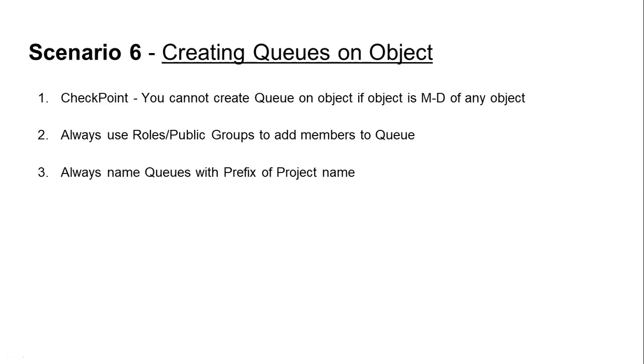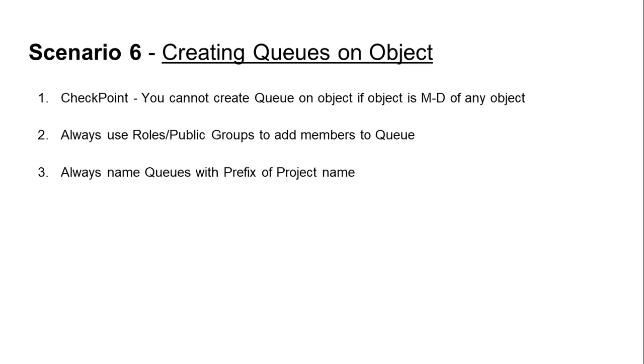The first thing is, when you want to create a queue on an object, you won't be able to do that if it is the detail side of a master-detail relationship. Also, always use a role or public group to add members to a queue.